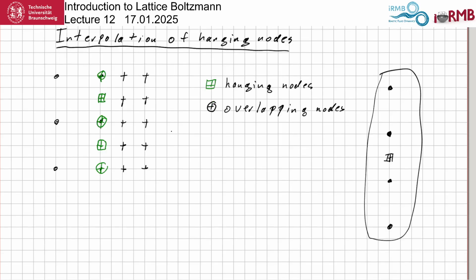The interpolation stencil required. We want to do quadratic interpolation, as we said, but we need 4 nodes, which is more than you would usually need for quadratic interpolation.